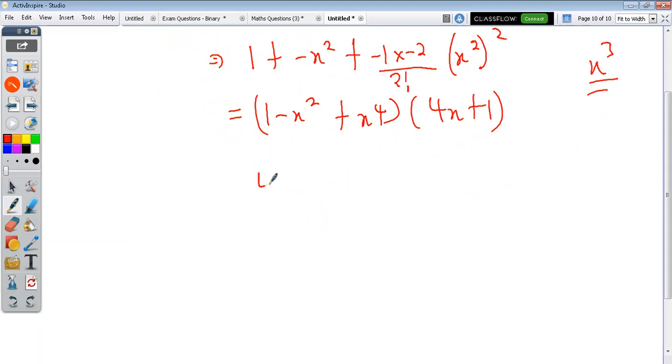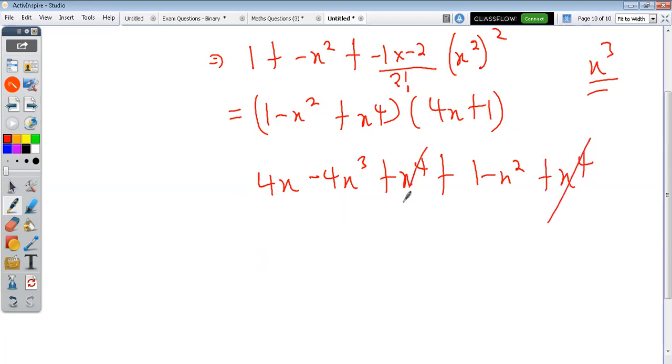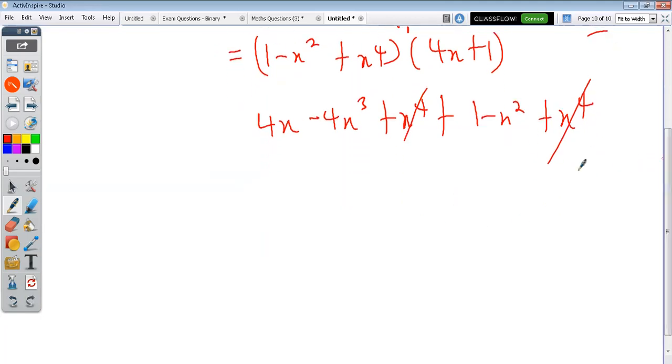That gives me 4x. That gives me minus 4x cubed. 1 times that is a plus. You can actually ignore this, but anyway, let's just put x to the power of 4. We don't want this. So plus, now we are multiplying by 1, that does not change. So plus 1 minus x squared, because I'm multiplying by 1 plus x to the power of 4. So this we can remove here. We only want to go to x cubed.